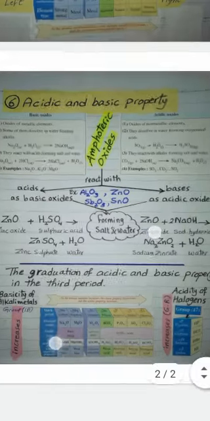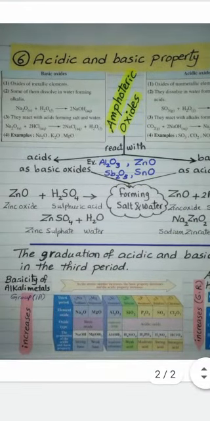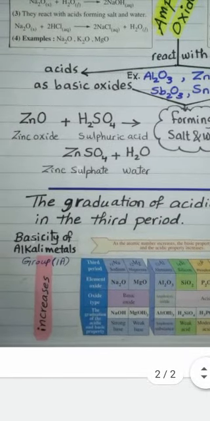What is the graduation of acidic and basic property in the third period? The basic property decreases and acidic property increases by increasing atomic number. But in the same group, which starts by a metal, like in group 1A, basic property increases by increasing atomic number.